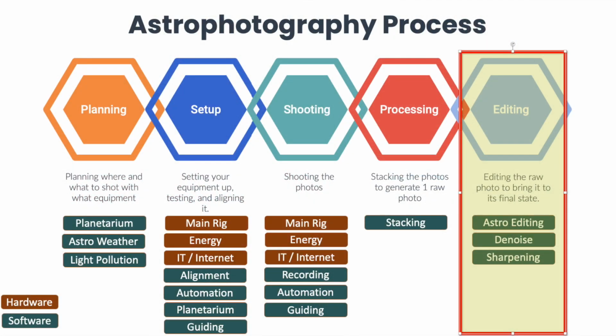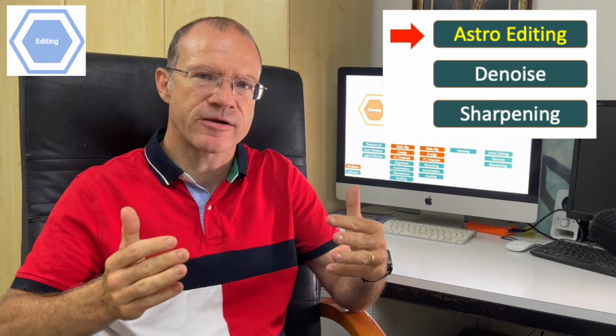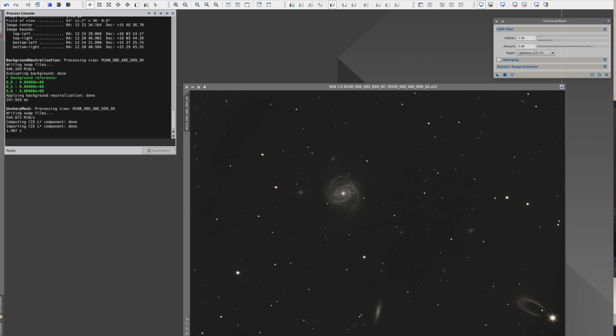Now, last but definitely not least, we then feed this one raw picture into an editing software. Some people just use Photoshop, and others use a dedicated astro editing software, which really is dedicated to editing astrophotography pictures. Yes, that exists. And this editing process might take, again, half an hour, 2 hours, depending on how complex the picture is.